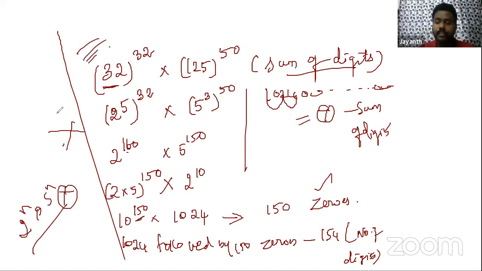So don't ask me, sir, suppose there are no 2 powers and no 5 powers, what do we do? Then we need not bother about the number of zeros concept, because that expression never ends with 0. So do not worry about that.